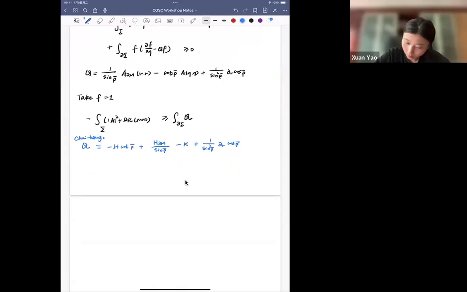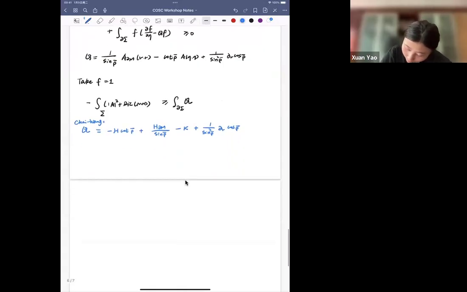Also you can further write it as H of minus the geodesic curvature plus 1 over sine squared rho bar, d nu of cosine rho bar. This is because this term is actually 0 from the first variation.